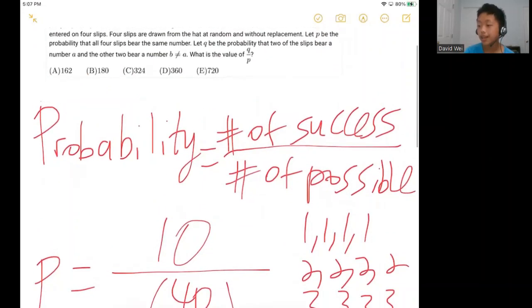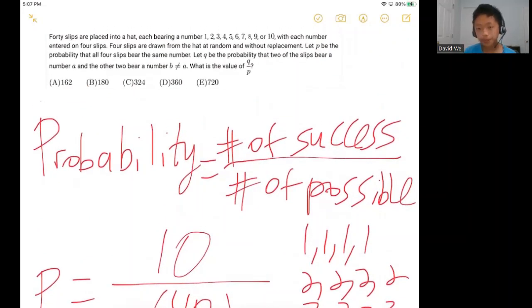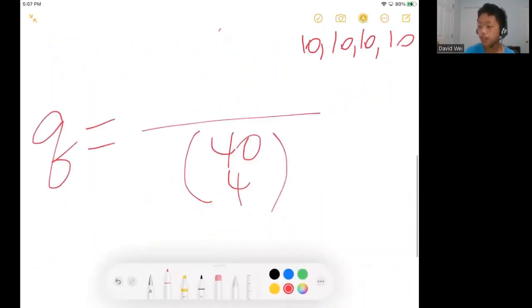you're going to draw 4 slips. 2 of the slips have to have the same number, and the other 2 slips have to have a different number. So first, we can do 10 choose 2. What 10 choose 2 represents is choosing from the numbers 1 through 10.